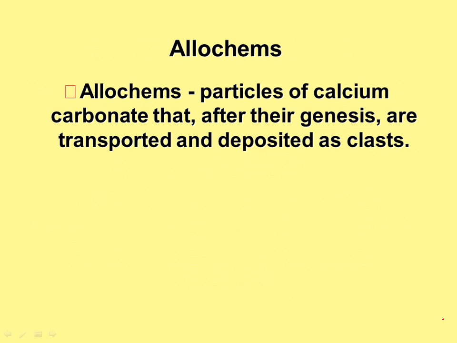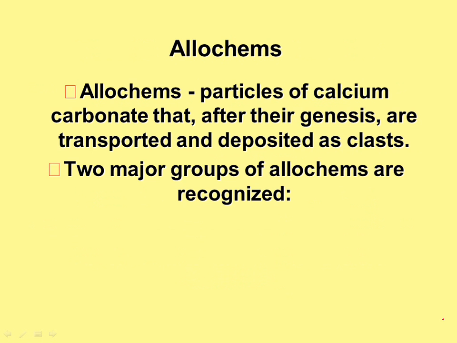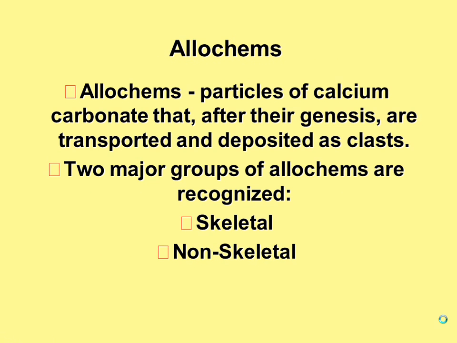And that's why some biochemical sedimentary rocks have a clastic rather than a non-clastic texture. And there are two major groups of allochems that are recognized or identified. First are the skeletal allochems, and obviously the second category would be non-skeletal. And obviously when we look at skeletal allochems, we are looking at fossils essentially.